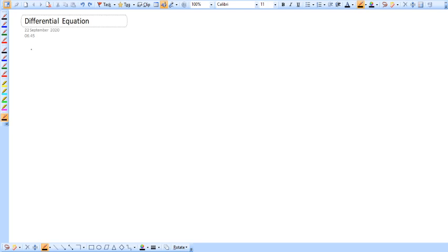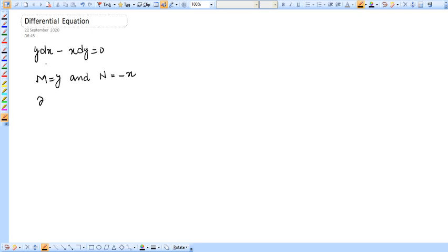So I'm going to give you an example of an equation which is not exact. See here, y dx minus x dy is equal to 0. Now here M is equal to y and N is equal to minus x.